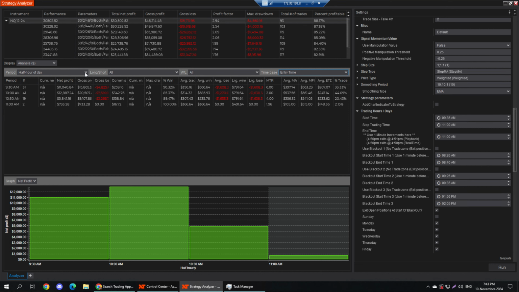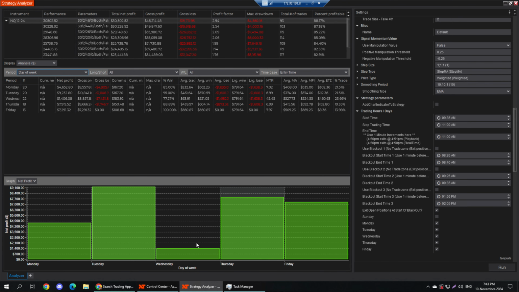A lot of information can be gathered from looking at this, and you might even look at the day of the week. That shows you what the strategy has historically done for specific days of the week. This has been helpful to some guys, especially Christopher, who did optimizations on the gold contract and saw that Wednesday was a very bad day for gold. Sure enough, running the strategy, Wednesday lost money, but every other day it made money.